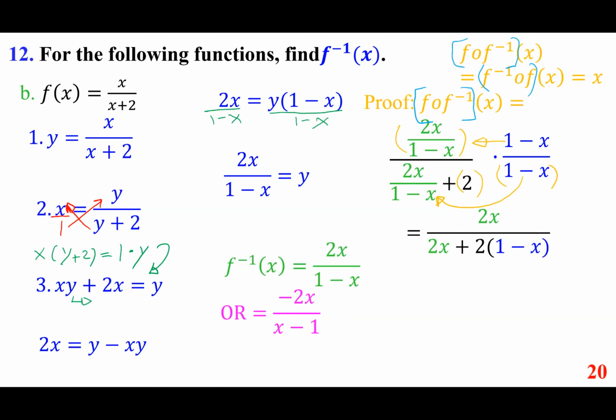Now, when you distribute number 2 over these parentheses, you get 2 minus 2x. Everything else remains unchanged. And so I can cancel out the 2x with negative 2x, leaving me 2x over 2, which is x, and that's the proof.